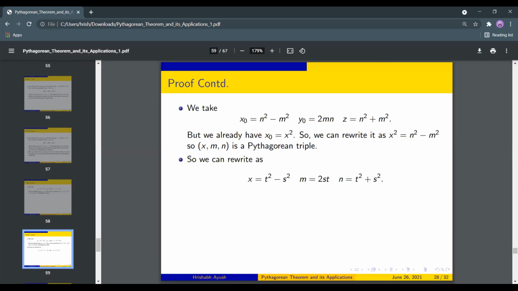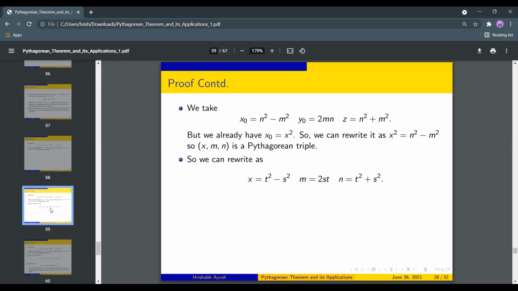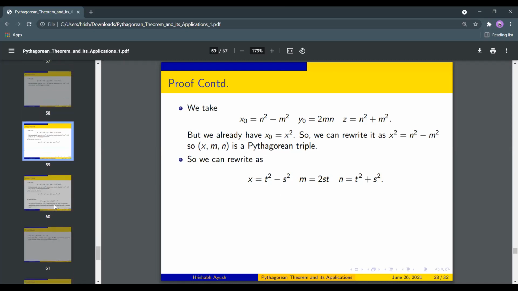And so we can rewrite this as x equals t square minus s square. We are rewriting the parameterization for this Pythagorean triple, that is x, m, n. So we found the values of x and n in terms of t and s. So does this make sense? Yes. Okay, now we are very close to seeing one of the most famous results.